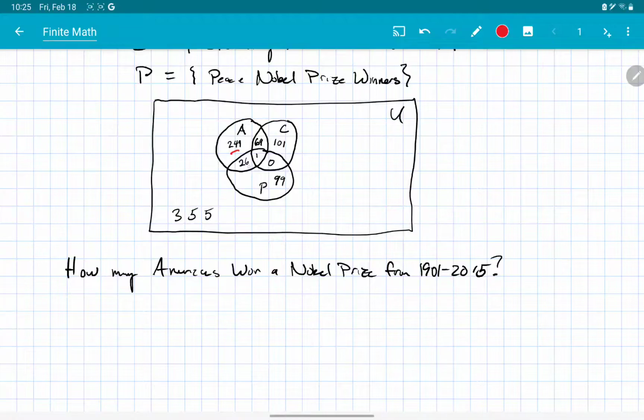This makes up set A, this is part of set A, this is part of set A, and this is part of set A. So we just add up those numbers. 249 plus 69 plus 1 plus 26. All right, when we do that, we get 345, which I know because I have it written on my sheet of paper, not because I did that in my head. So now we know that set A, the Americans, there's 345 Americans who won a Nobel Prize from 1901 to 2015.